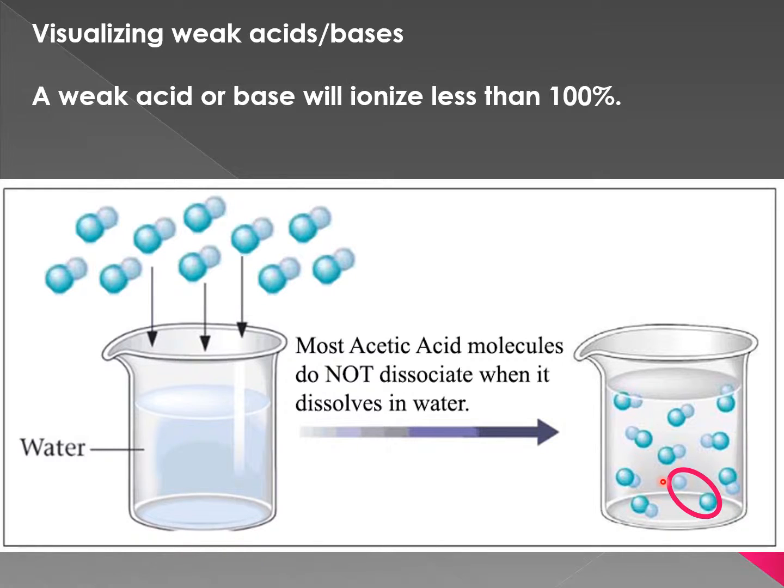So we've got one ion here, or two ions rather, one positive and one negative, and none of the rest of these, even though they're dissolved, are producing ions. And without ions, we have a weak acid, and we also can't conduct electricity very well, so we have a weak electrolyte.